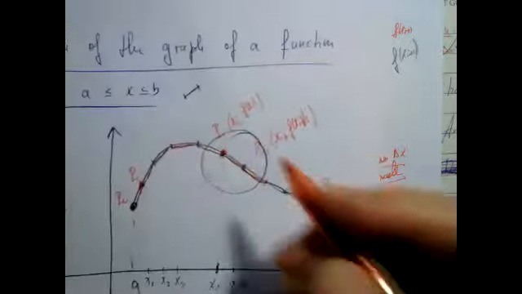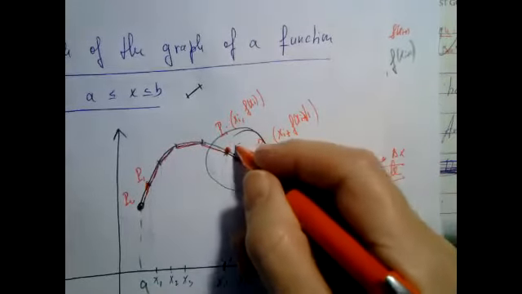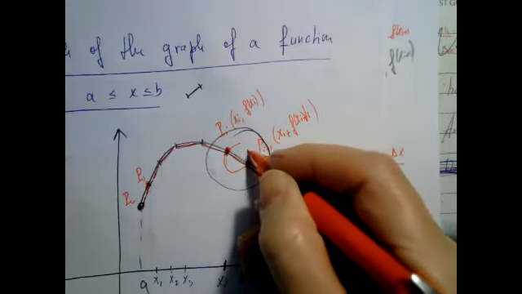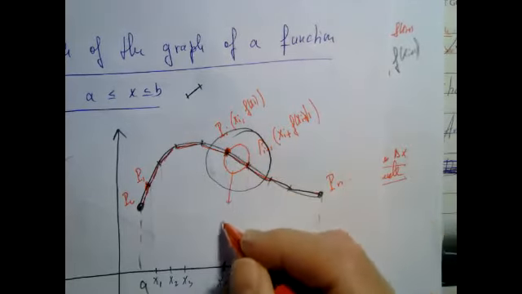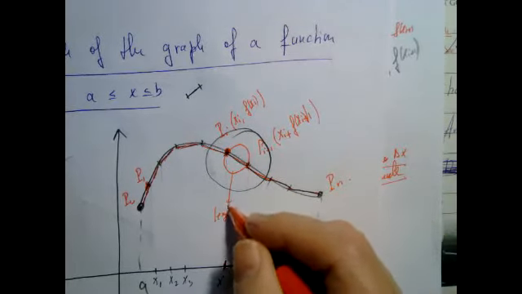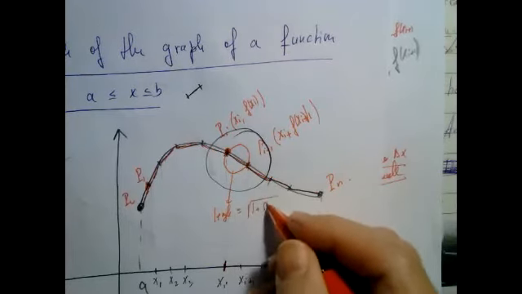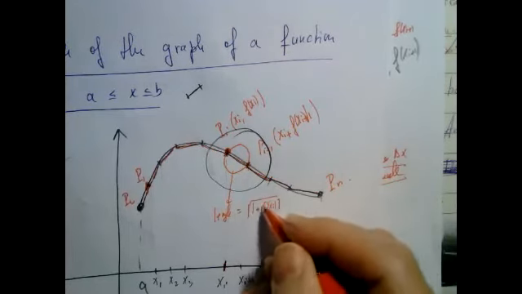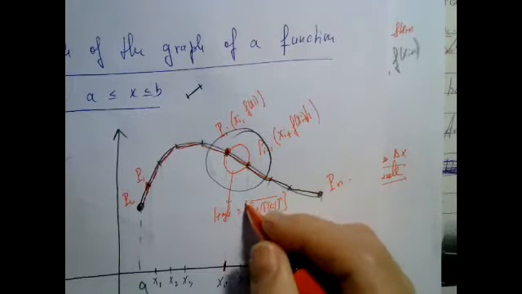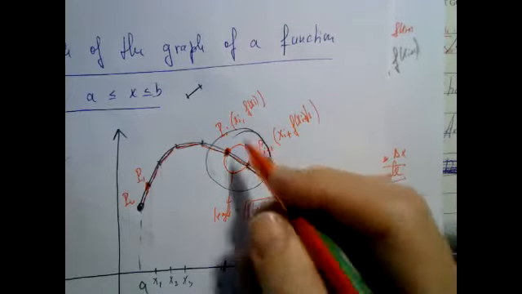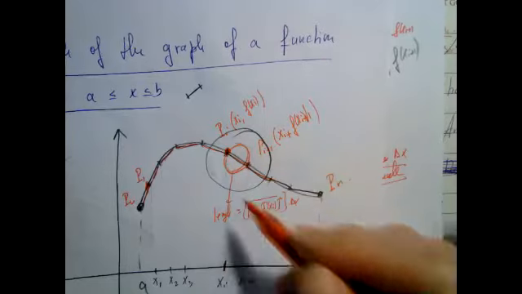Right? So in my little picture here, this line segment here, the length of this piece is the square root of 1 plus the derivative at x_i squared, times the delta x. That's the length of the little piece right there.